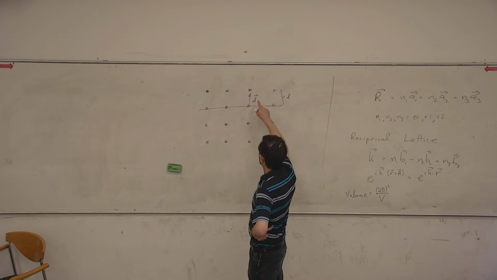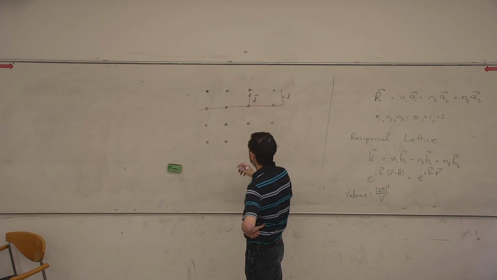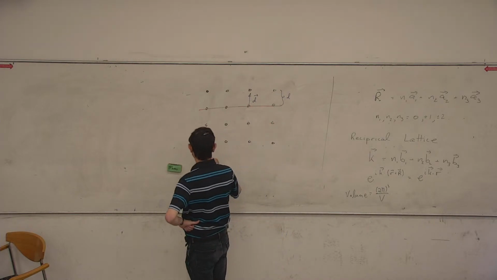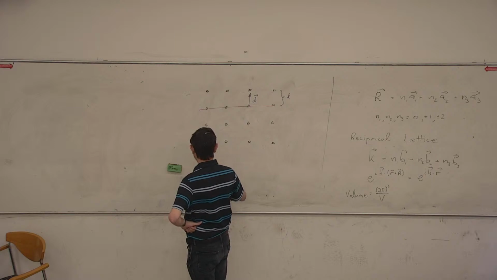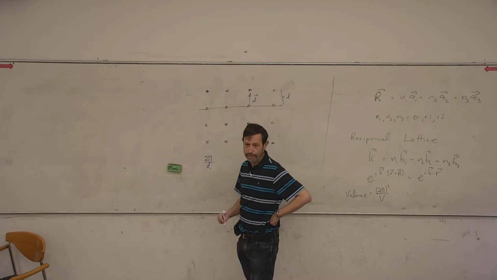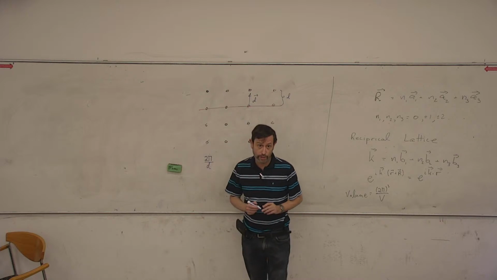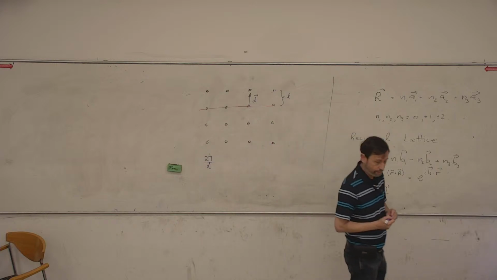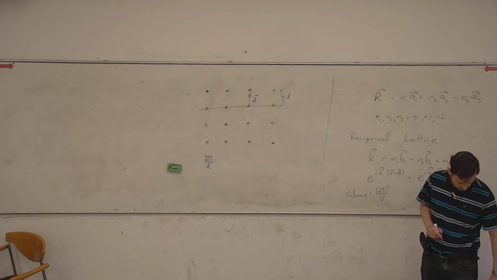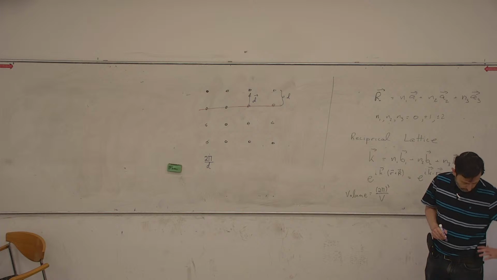So I have a family of reciprocal lattice vectors that are 2 pi over d times the unit vector belonging to the reciprocal vector.